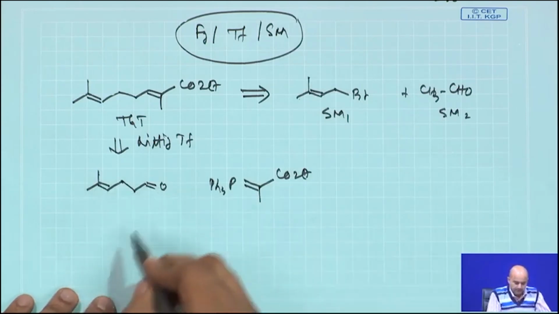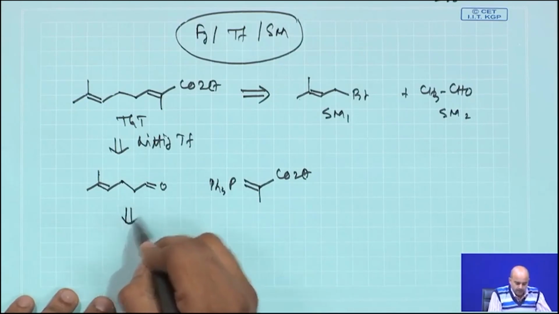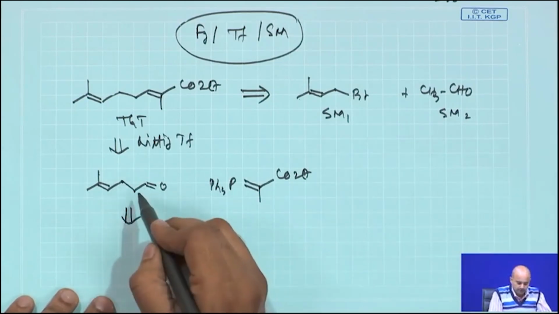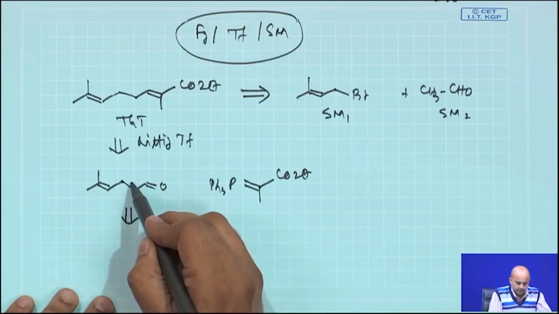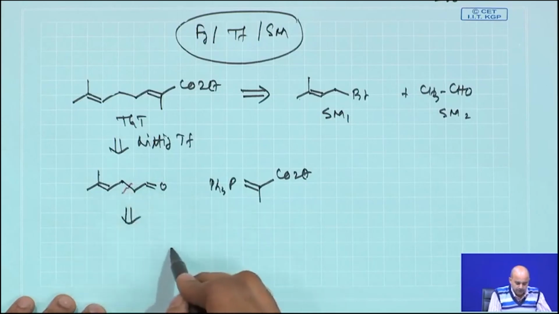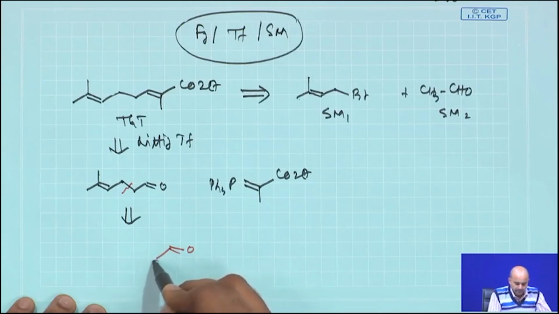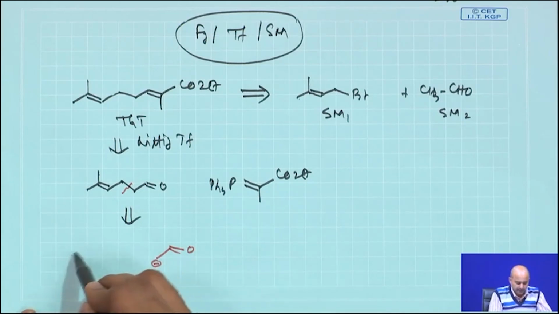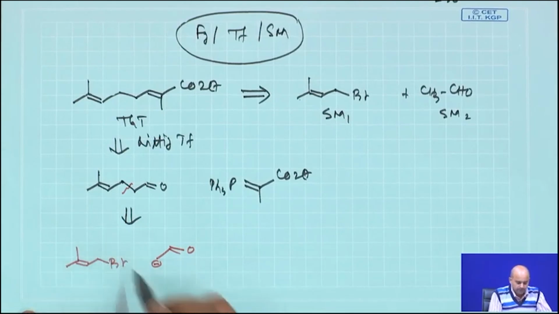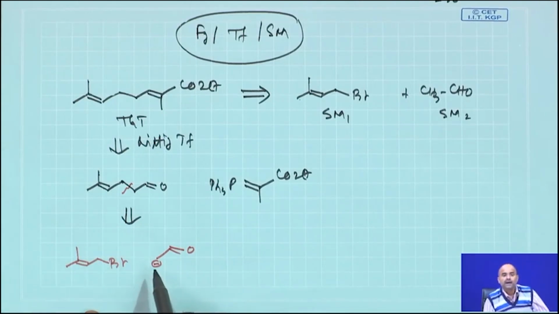So, this can in principle be disconnected by taking an acetaldehyde anion, CH2 minus, and reacting it with this electrophile. So, basically you need to do an alkylation on acetaldehyde.